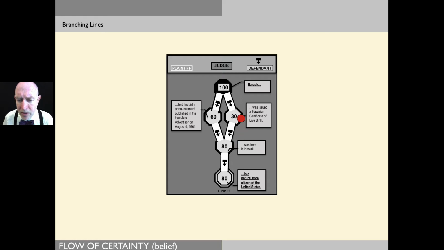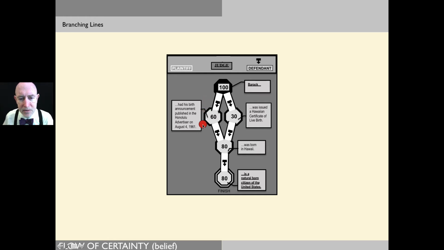So at this point, if you were arguing Barack was born in Hawaii, from this line, this normally would be a 30, but there's another pathway that can create more access for this certainty to get here. And here, this reads, Barack had his birth announcement published in the Honolulu Advertiser on August 4th, 1961.